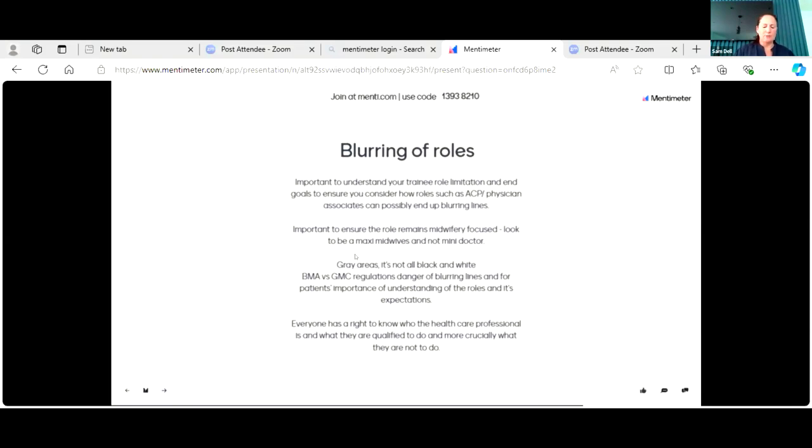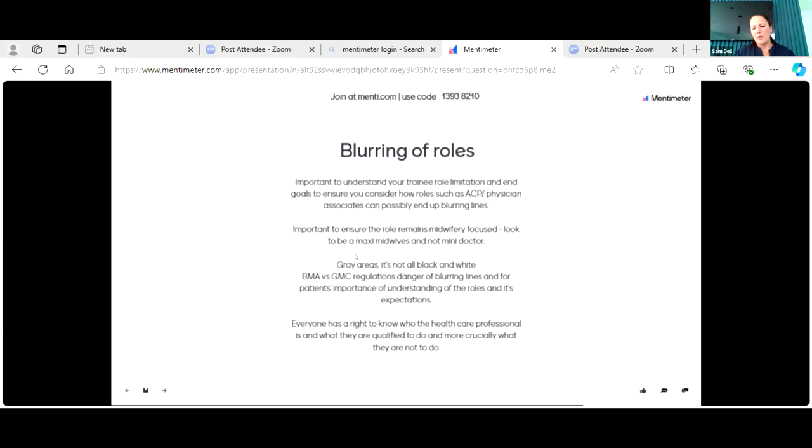And I know Abby talked about it in her presentation earlier, and it's important to understand your trainee role limitations and your end goal of what you want to get at the end of your role. And this is to consider roles such as the ACP or the physician associate, and how potentially those roles could look very blurred. It's important to ensure the roles remain midwifery focused, and look to be that maxi midwife and not that mini doctor.